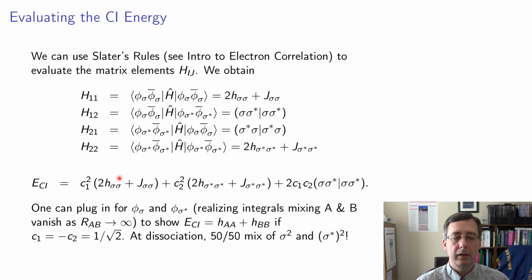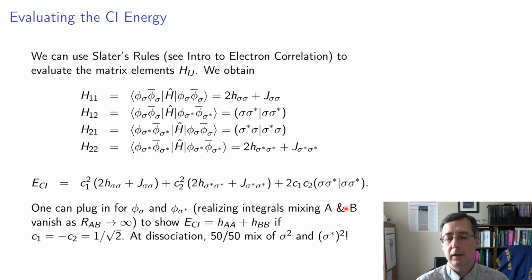So here's my Hartree-Fock energy for both electrons being in sigma. Here's Hartree-Fock for both electrons being in sigma star. Here's my mixing term. And then if I plug in what is the sigma orbital for this very simple example, it's determined by symmetry as just being a plus combination of the two atomic orbitals, or sigma star, a minus combination of the two atomic orbitals.